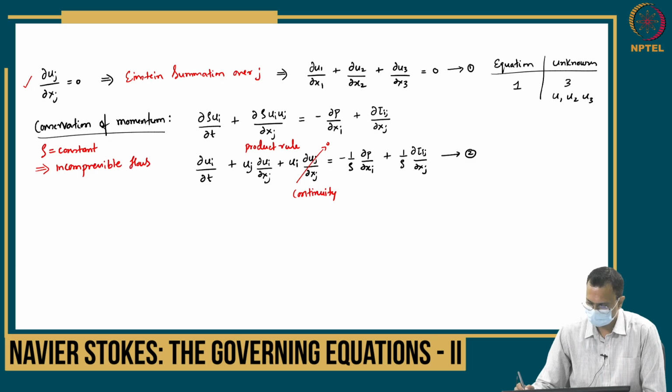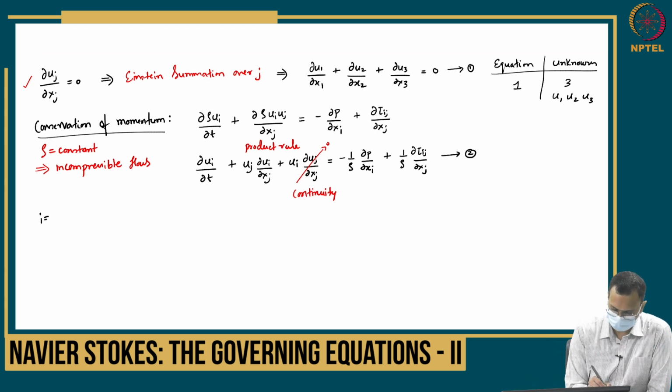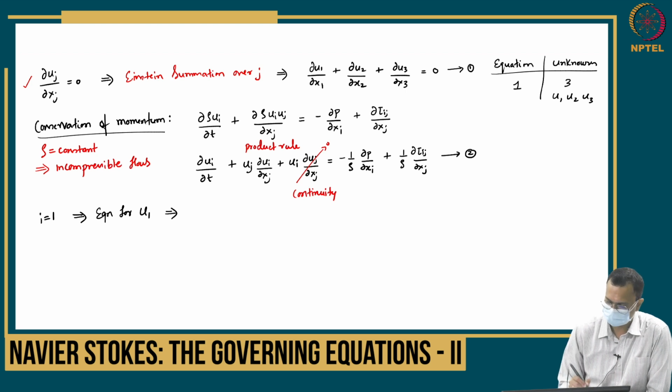So now if I expand like previously to see how many equations I get. Let's say for i equal to 1, I would like to get the equation for u1, the velocity. So I get ∂u1/∂t plus, now j is repeated, so you need to sum over j.